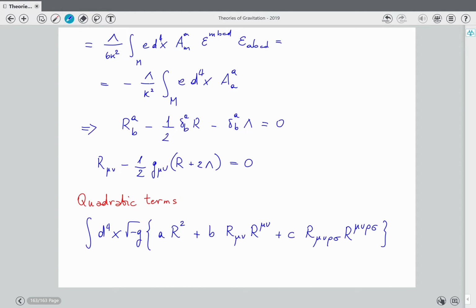There is what is known as power counting to tell us what the dimensions of these objects are. Basically, the dimension of the Riemann tensor is equal to 2 because it contains two derivatives.